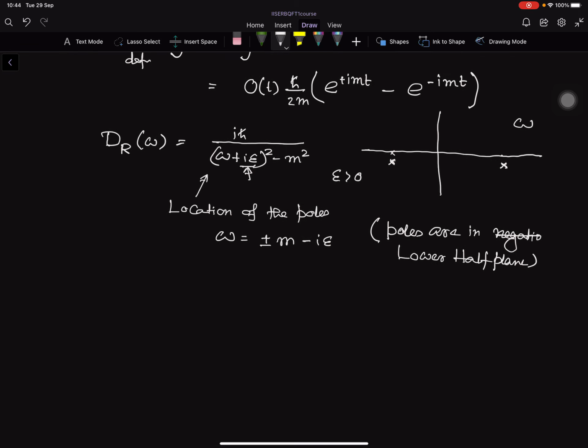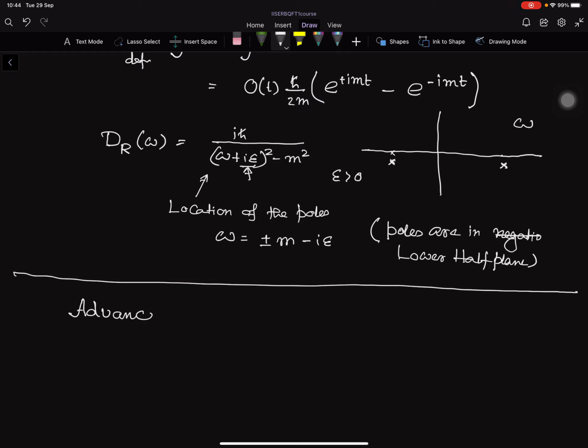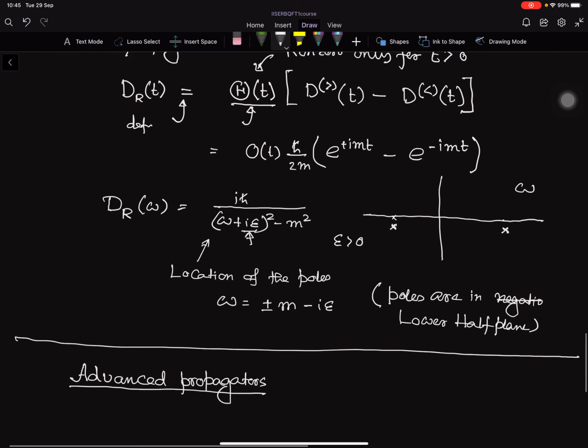Now analogously one can also define advanced propagator. This is very similar to this.